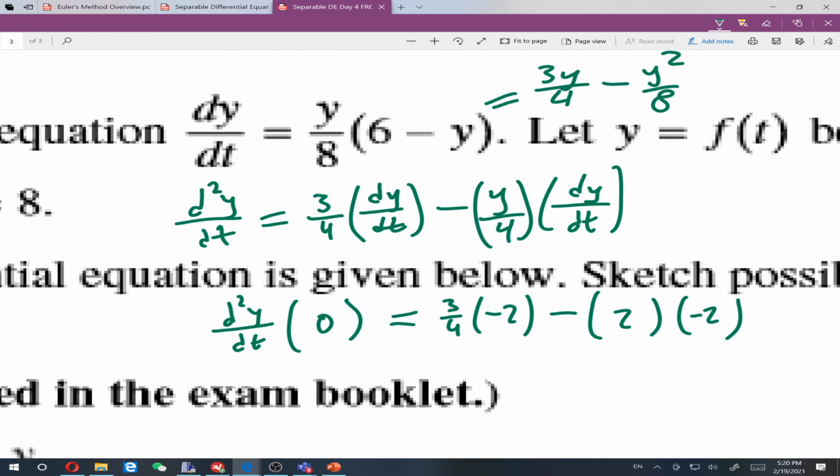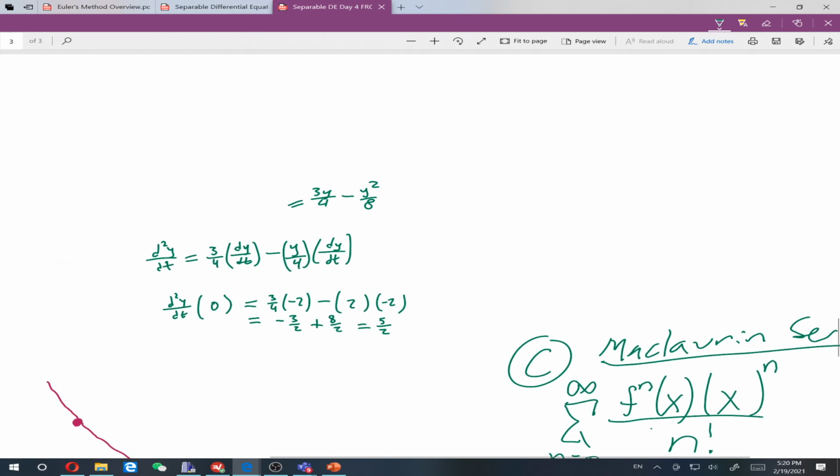What's 3/4 times negative 2? Negative 3 over 2, plus 4. I'm going to write plus 8 over 2. So our final answer is 5 over 2.